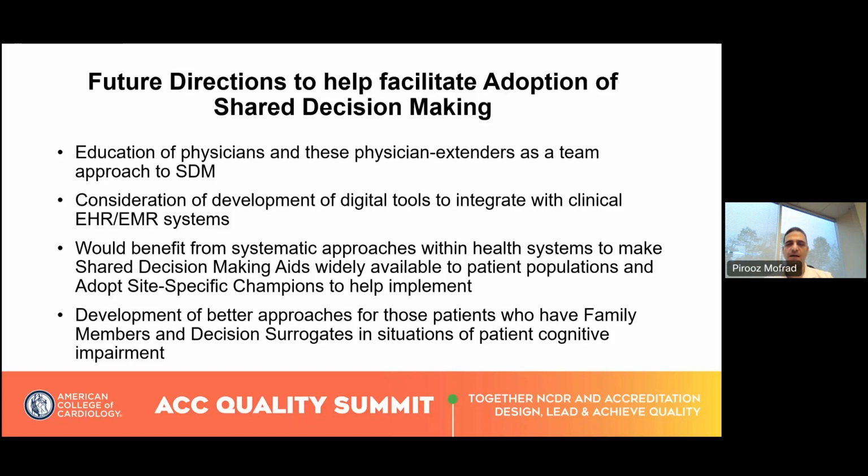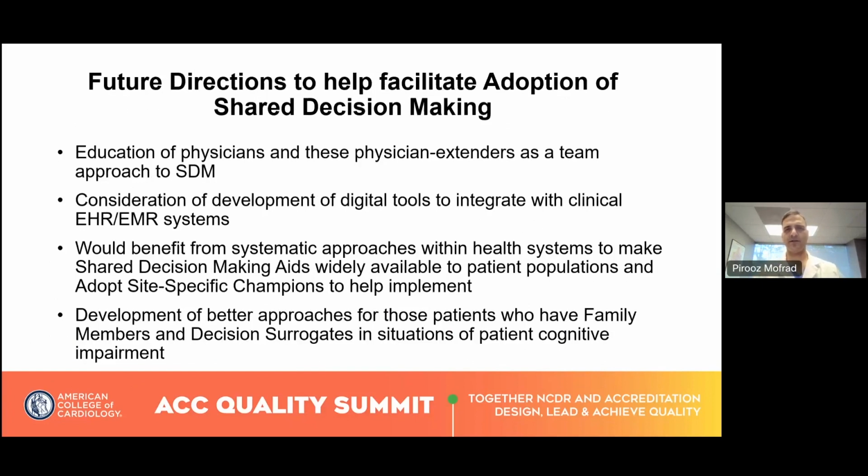It's not as seamless as we want it to be, but it's an upload of one of the forms prior to implantation of defibrillator, so that it's documented that it's been performed before defibrillator implants. But these systematic approaches definitely can help larger institutions reach out to their patients and identify even site-specific champions that could help implement it. So the important part actually was talking about future directions.